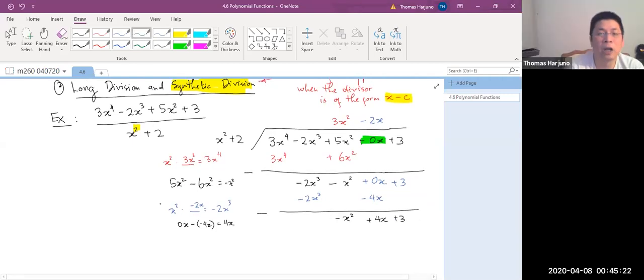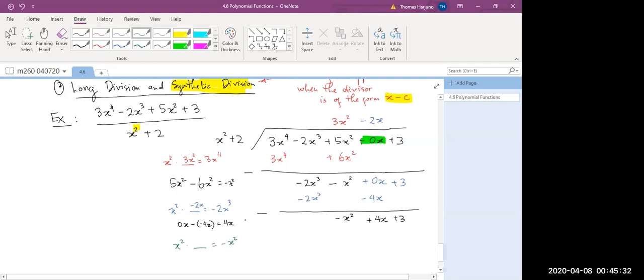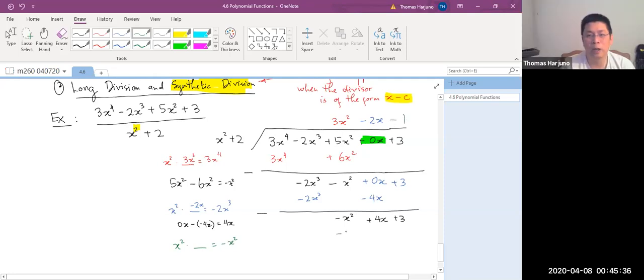Let me use green color right now. X squared times what gives me negative x squared? Negative 1. So I put negative 1 here. This will be negative x squared minus 1, which when I subtract, gives me 4x plus 4.